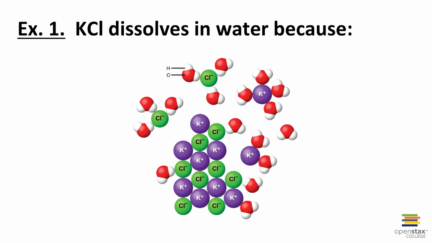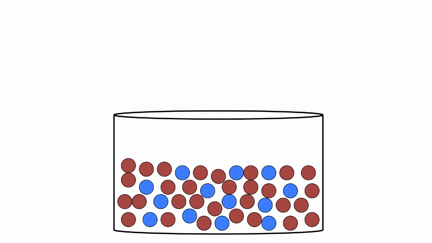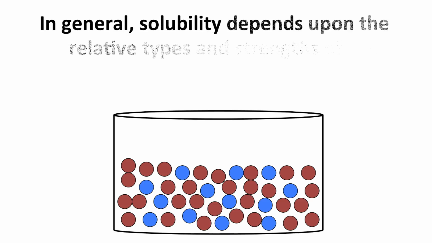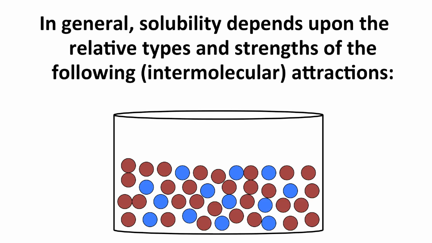So this particular process occurring, this solution forming, has everything to do with intermolecular attractions, attractions on an atomic or molecular level, and their relative types and strengths. And in general, this is what we have to look at in terms of solubility.